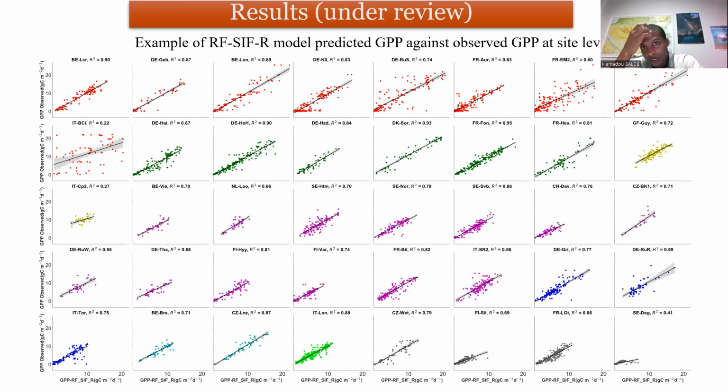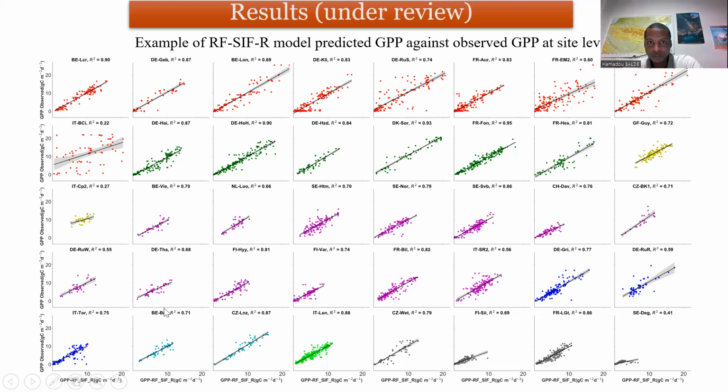So in this result, we are trying to see how our model that includes sun-induced chlorophyll fluorescence and reflectance performs at the site level. So here we are comparing the observed GPP and the predicted GPP at each site.